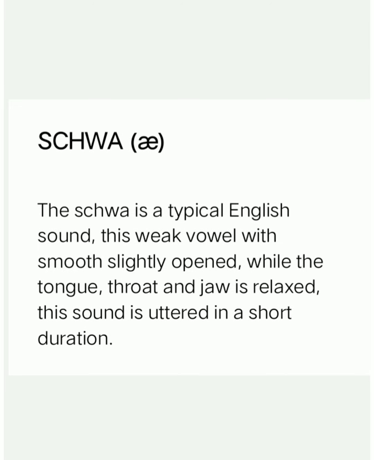The schwa is a typical English sound, a weak vowel with the mouth slightly open while the tongue, throat, and jaw are relaxed. This sound is uttered in a short duration. It never occurs in an accented syllable since accentuation makes the vowel strong.